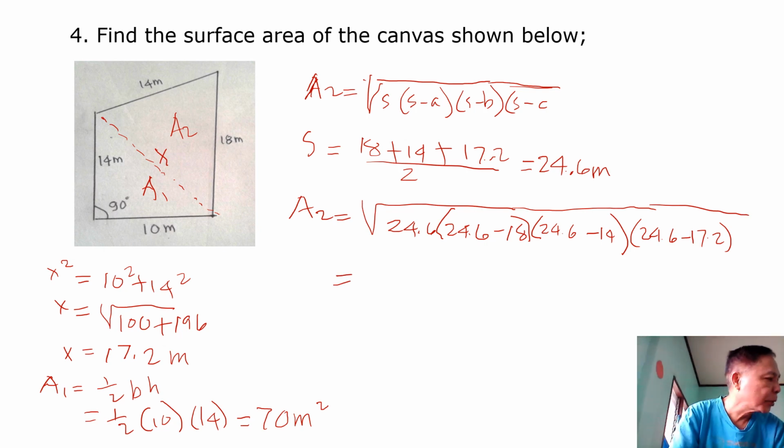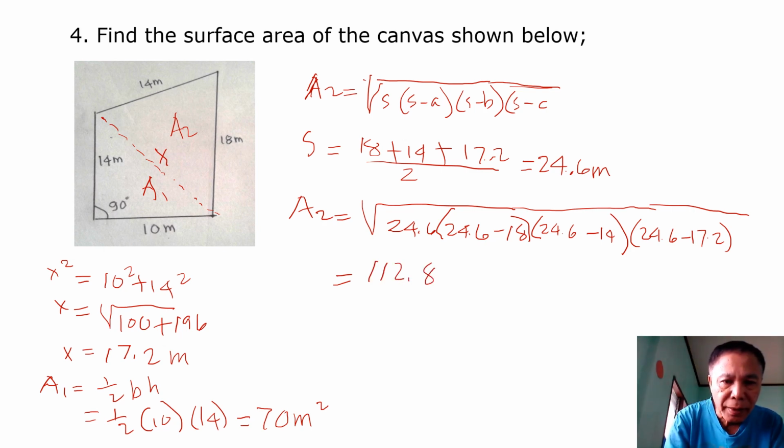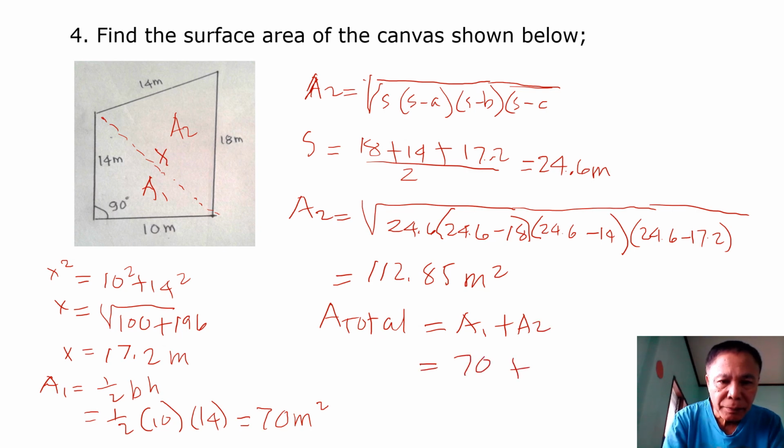If you're going to solve this one, the answer here is 112.85 meters squared. So your total area is equivalent to A1 plus A2, or simply 70 plus 112.85.